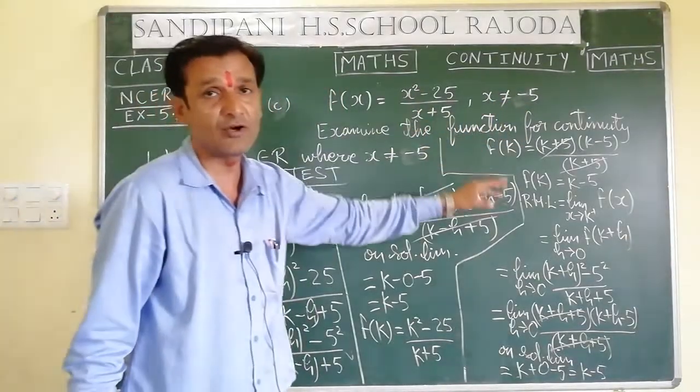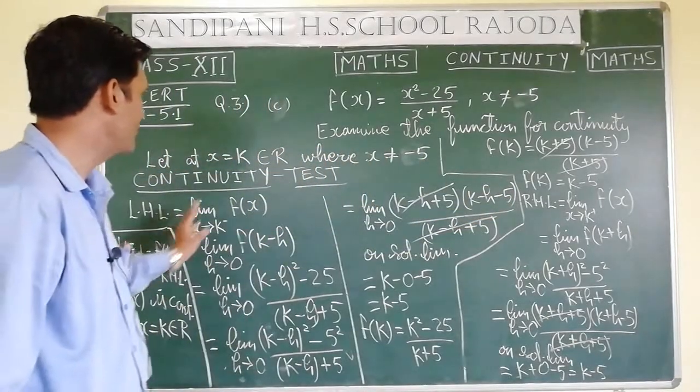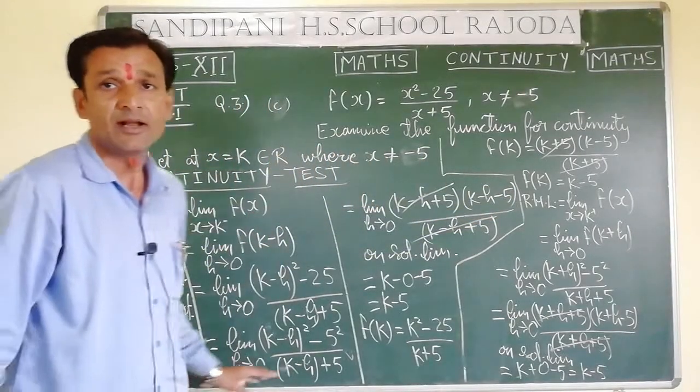X should not be equal to minus 5. On all the remaining values of real numbers, it will be continuous.